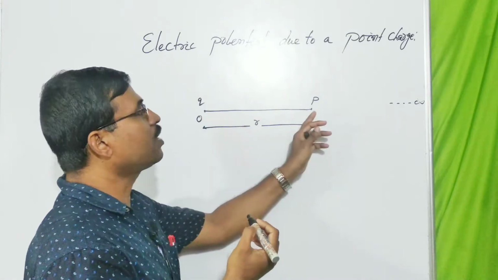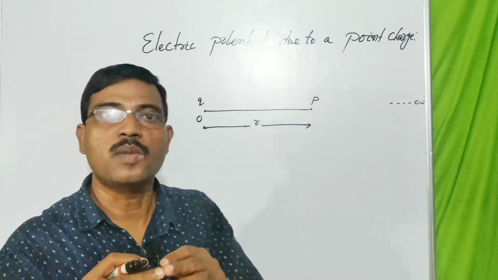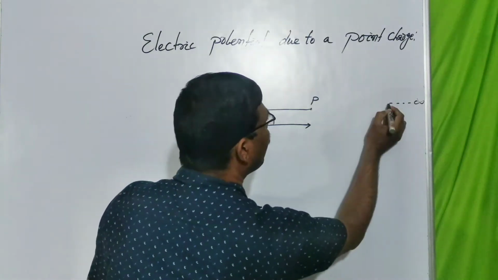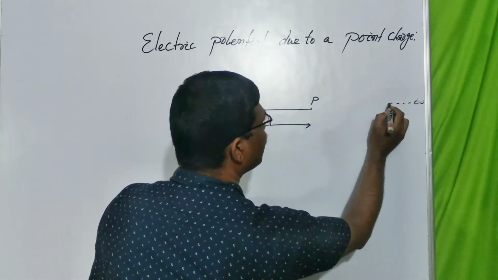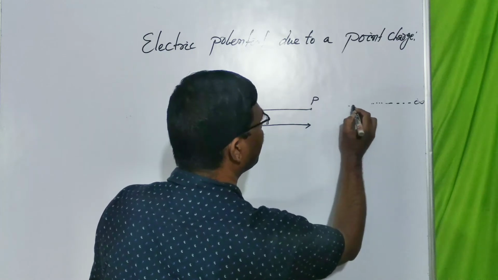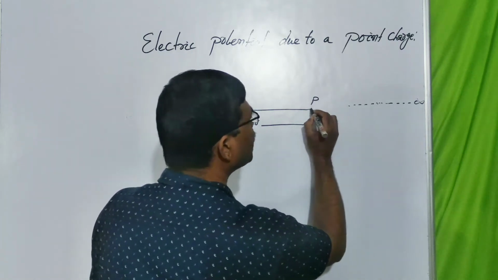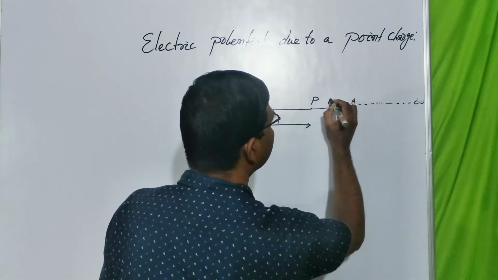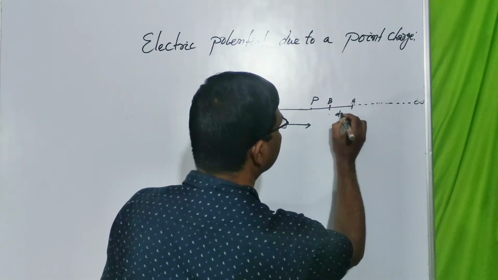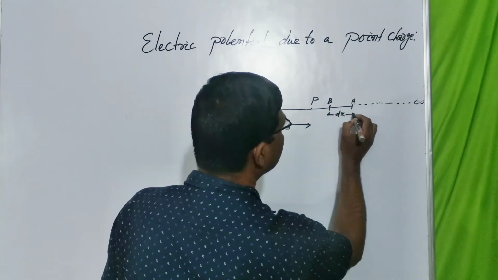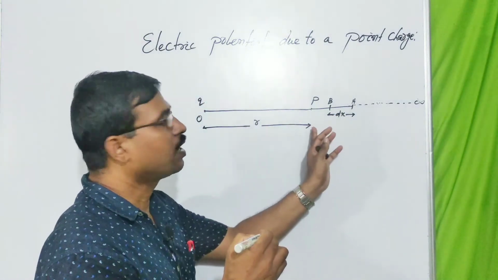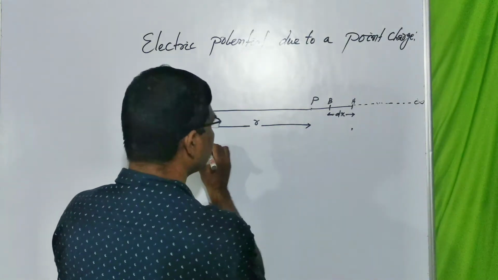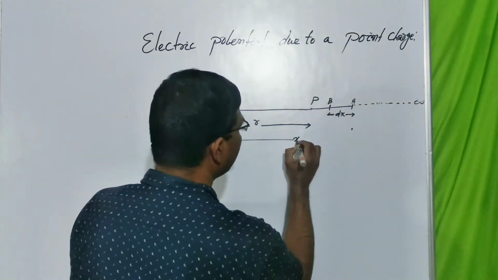Electric potential at point P means you have to calculate the amount of work done. While bringing the unit positive charge, there are a number of points, so take any two points, A and B, with distance dx between them, and suppose the distance from O to A is x.